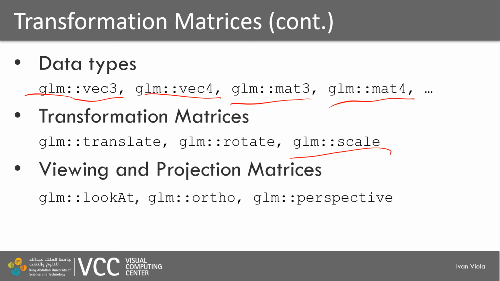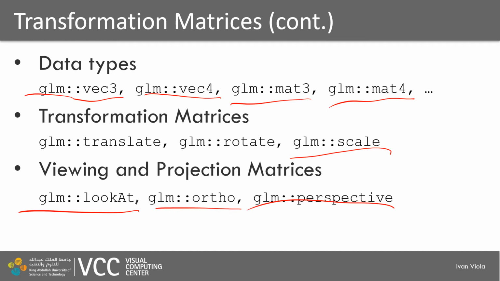Also, there is support for the viewing and projection matrices. So GLM lookAt will be creating a matrix based on our eye position, our up vector, and our viewing direction. And GLM ortho will be defining our orthographic projection, or GLM perspective will be defining our perspective projection.